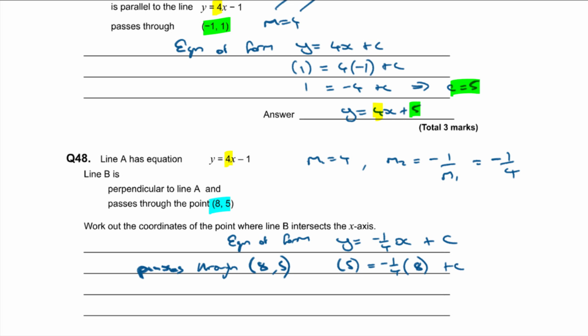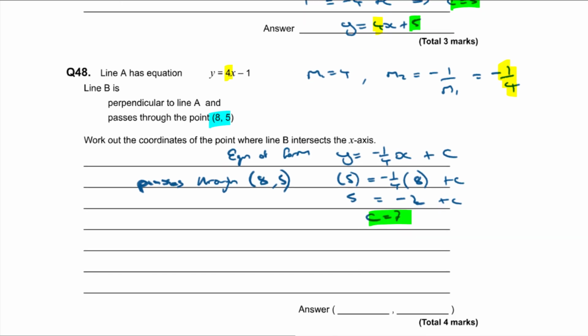Well, minus a quarter lots of 8 is minus 2. So rearranging for c, c is equal to 7 then, isn't it? So now I know the gradient, it's minus a quarter, and I know c, it's 7. So piecing that together, my equation is y is equal to minus a quarter x plus 7. Okay, so plonking in the gradient, plonking in the intercept.